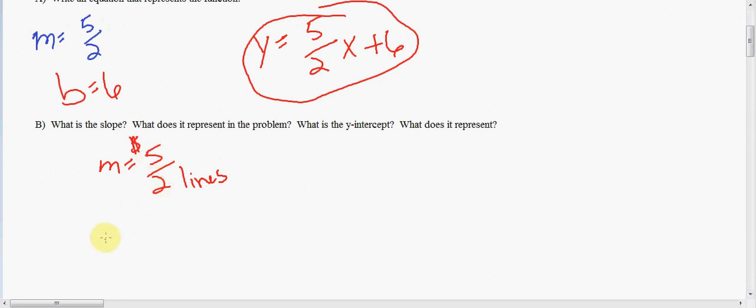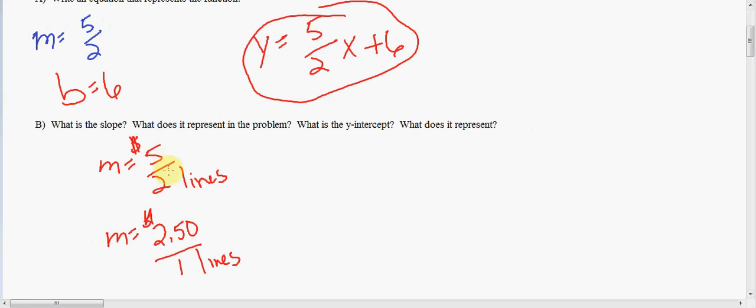Another way I can look at this, and you guys might like to do this, you can take 5 divided by 2 and make it a decimal, and you get 2.50. And if I want to make it a fraction, I can put a 1 under it. That's dollars, this is lines. Okay, and so the slope is telling me that it's $2.50 for every line I put in the newspaper.